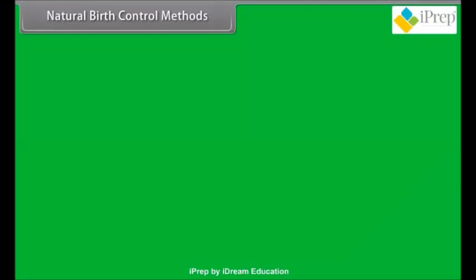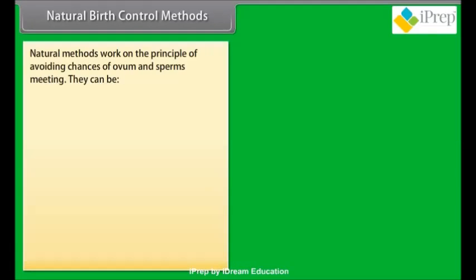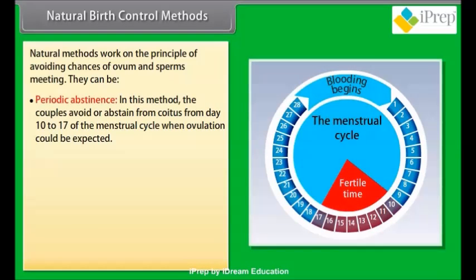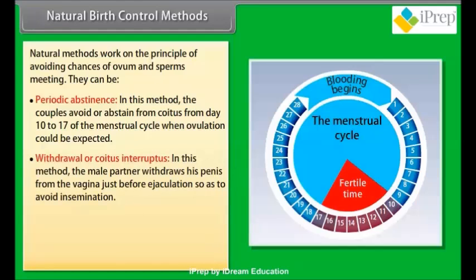Natural birth control methods. Natural methods work on the principle of avoiding chances of ovum and sperms meeting. They can be periodic abstinence. In this method, the couples avoid or abstain from coitus from day 10 to 17 of the menstrual cycle when ovulation could be expected. Withdrawal or coitus interruptus.